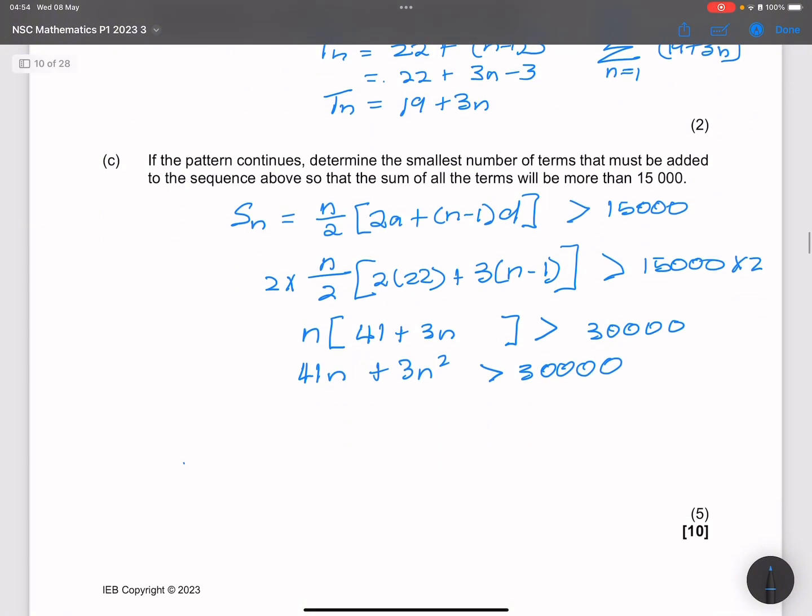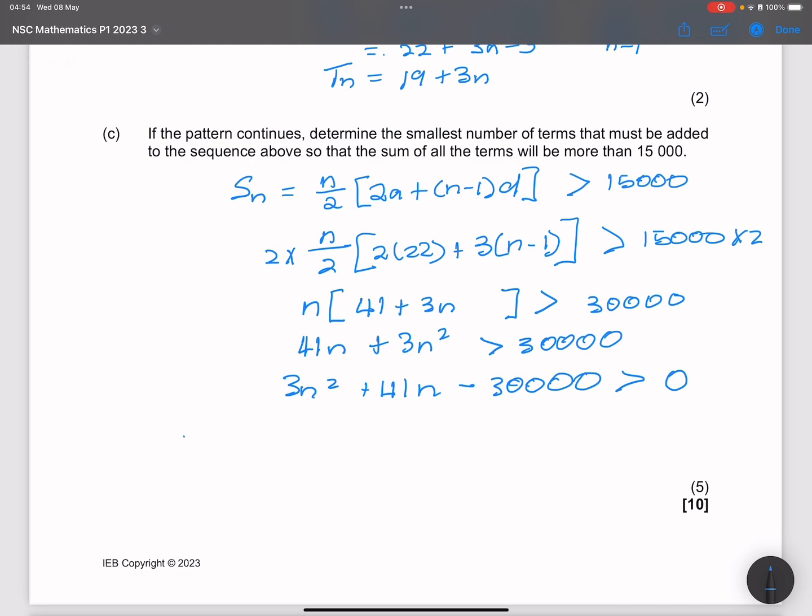Okay, so I don't know if we can factorize this. So let's put it in standard quadratic form: 3n squared plus 41n, rather, minus 30,000 is greater than 0. All right.